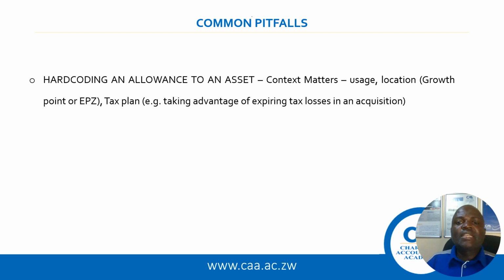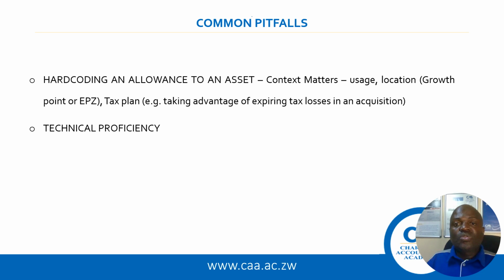Tax planning, like I said, can change the solution because maybe in this case, you're trying to take advantage of expiring tax losses, given that assessed losses have a 6-year limit. So that will change the tax treatment, that context. Students fall into that trap where they are not really engaging with the scenario and the question for the day, and then looking at the context and then piecing together a correct solution.